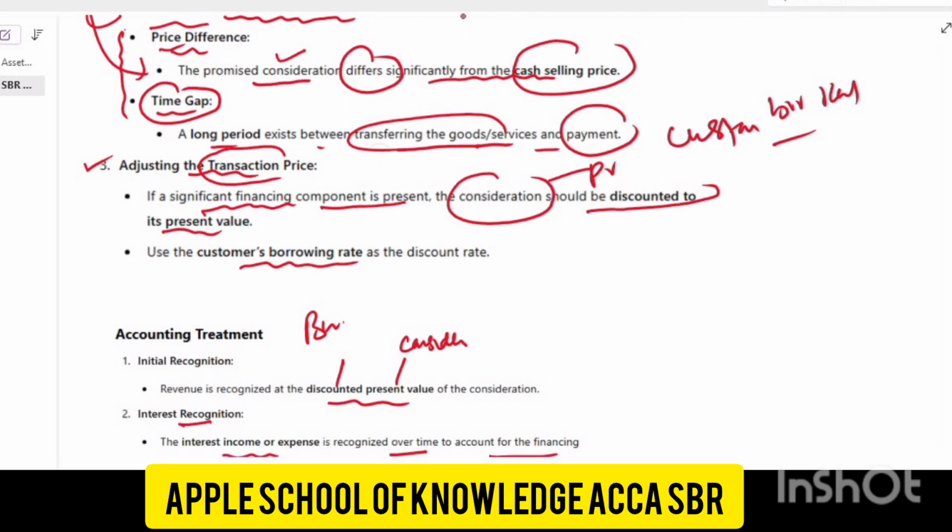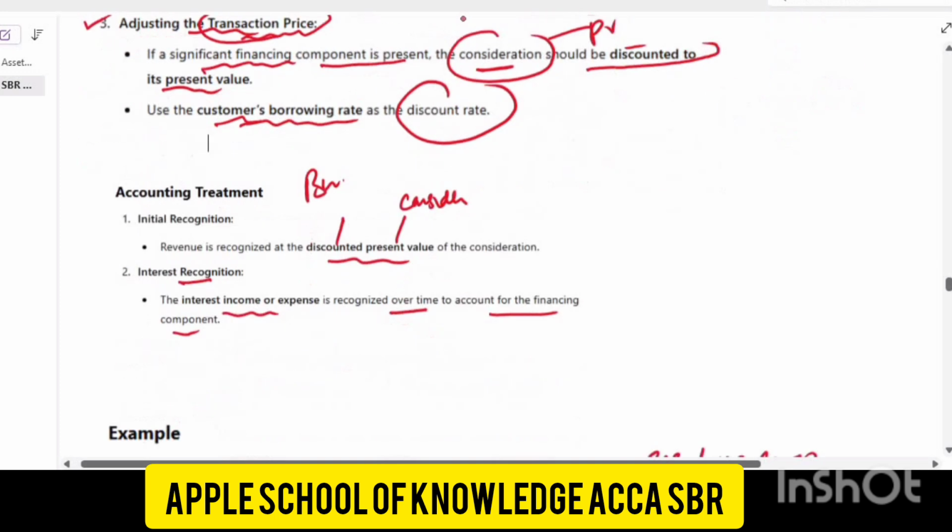Once you find that this is a financing component, the transaction price should be adjusted, and for that you have to discount the consideration to present value, and the discount rate used is the customer borrowing rate.